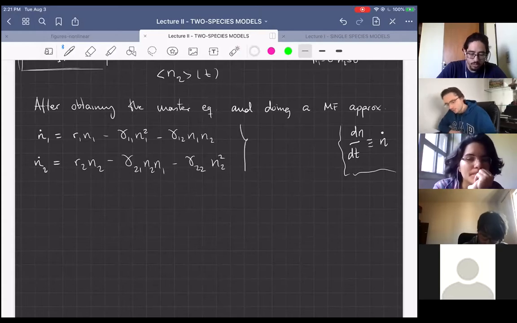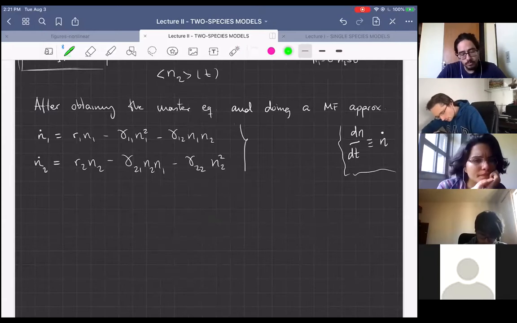So this is the system of ODEs at which you will arrive. Let me put a frame around it.